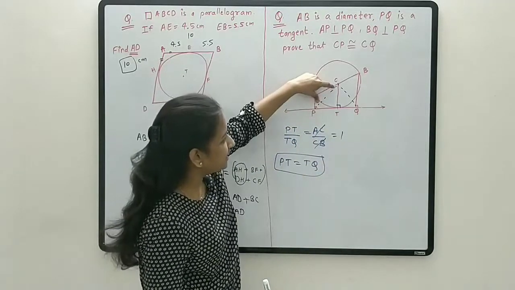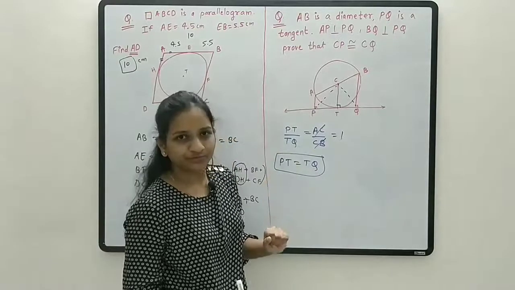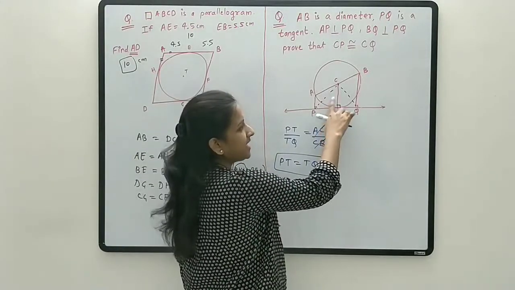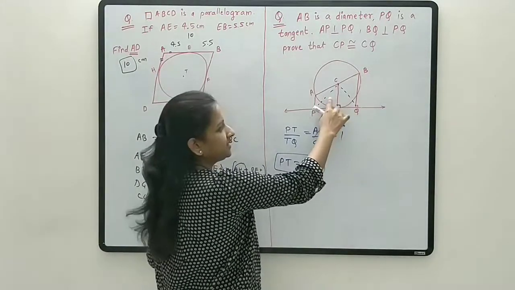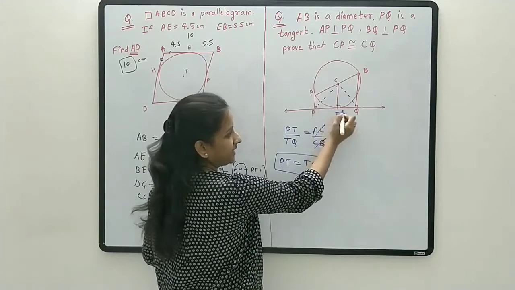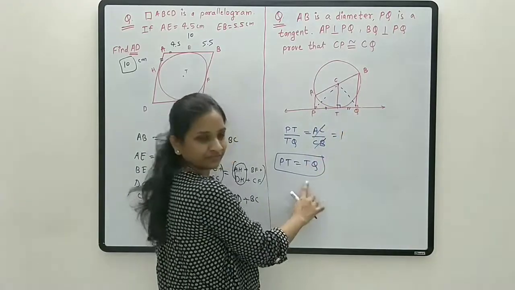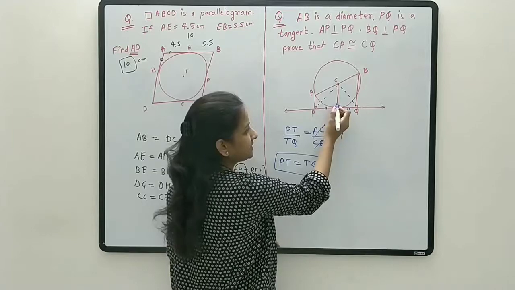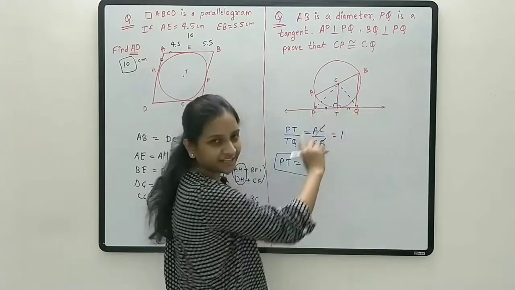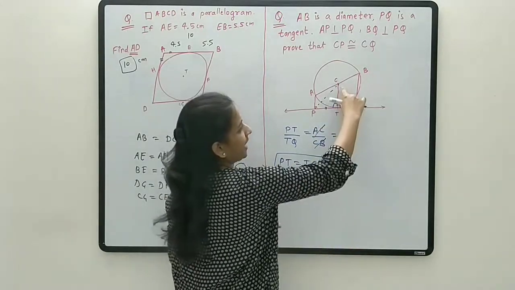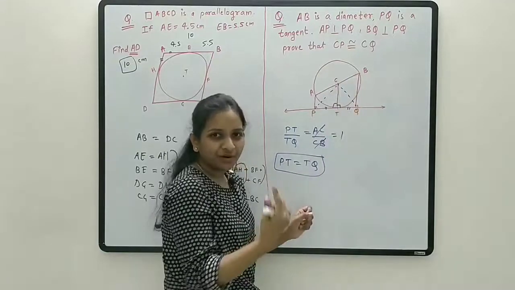We have to prove CP is equal to CQ. Now consider these two triangles. In these two triangles, PT is equal to TQ, this angle is 90 degrees and this angle is 90 degrees, so they are equal. And CT is the common radius for both triangles.